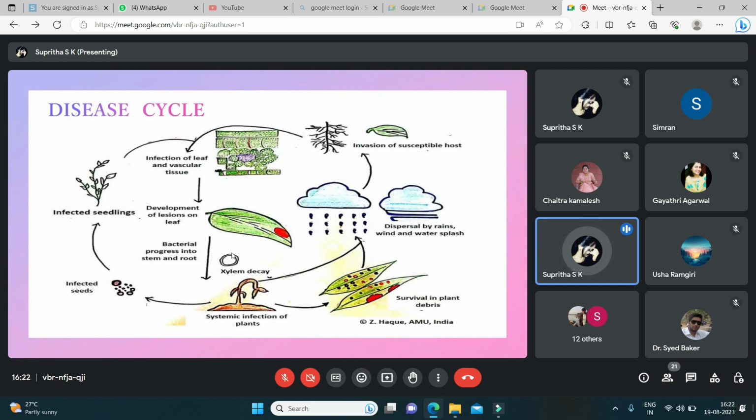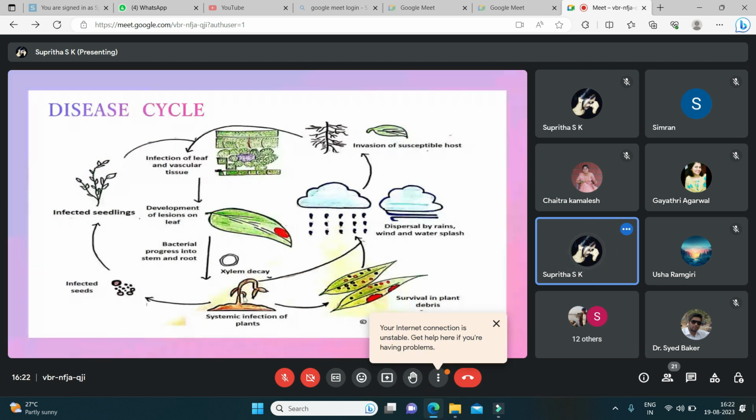So once the xylem is destroyed, what happens? We know the function of the xylem is the transportation of water and minerals. Okay, if the transportation of water and minerals to the other parts of the plant stops, the plant will drastically die.